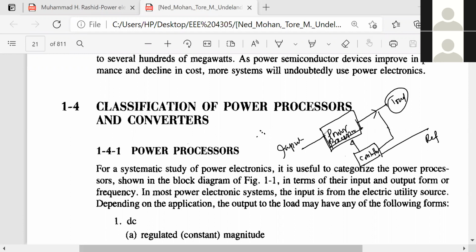So this is the main part, the heart of the power processor. Power electronics is this power processor. So I want to discuss these things now.